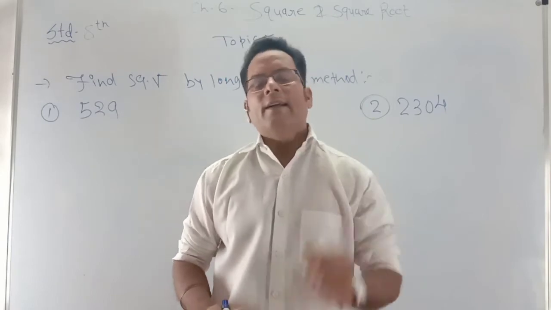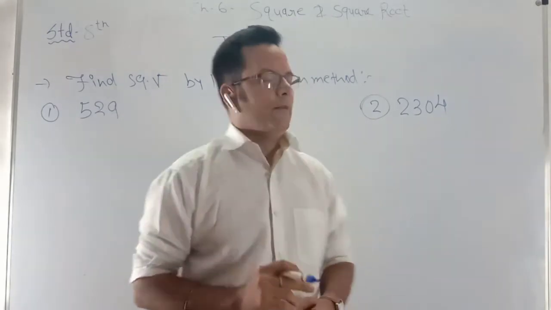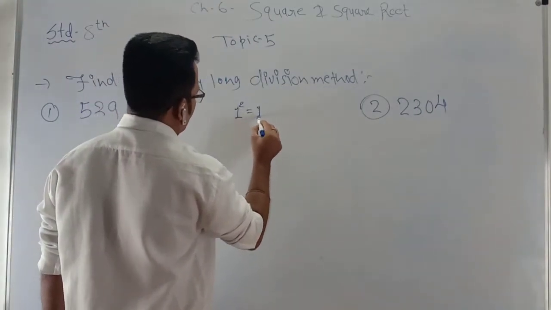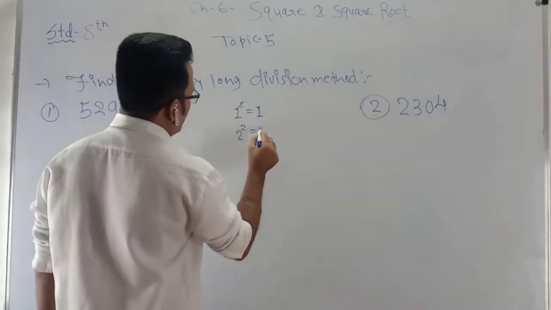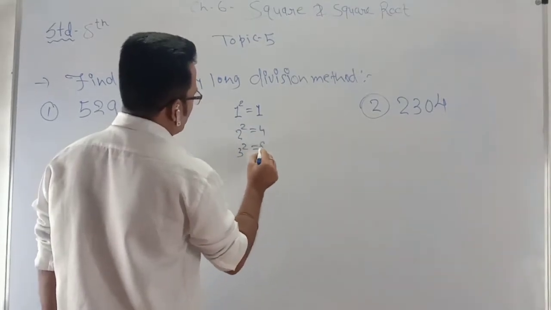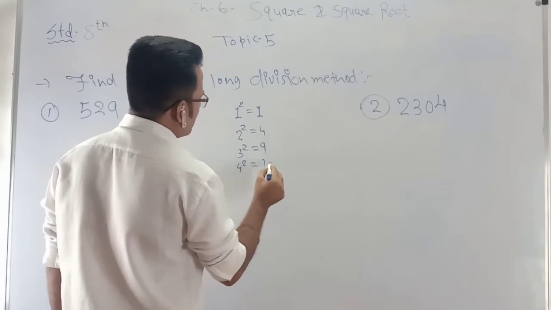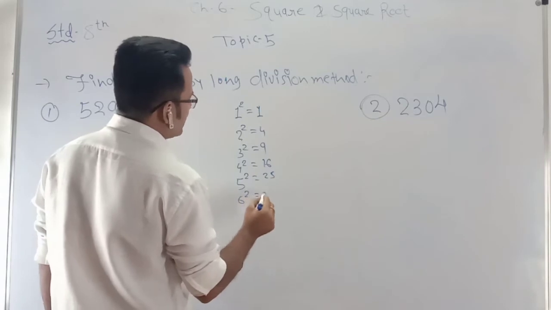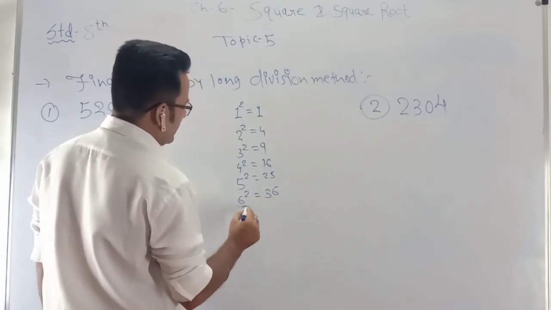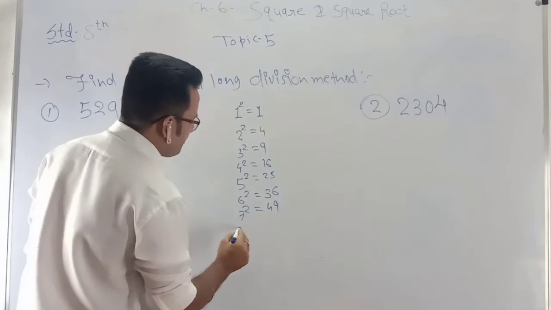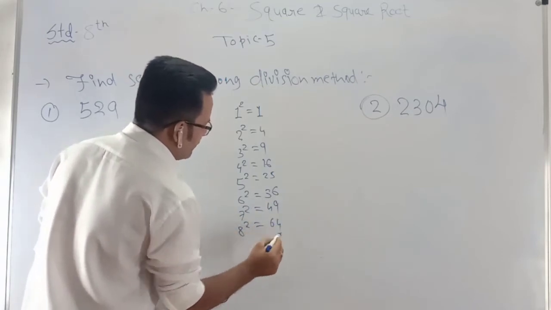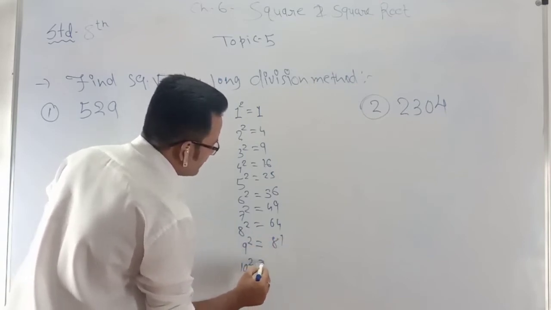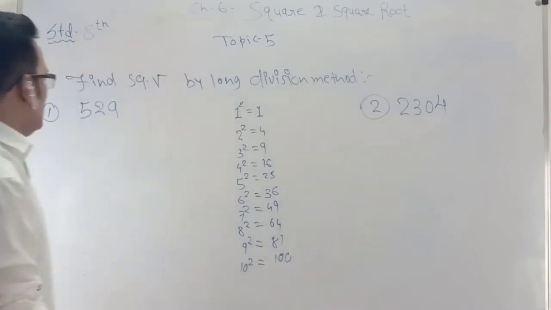So first of all, we write the squares of 1 to 10. 1 square 1, 2 square 4, 3 square 9, 4 square 16, 5 square 25, 6 square 36, 7 square 49, 8 square 64, 9 square 81, and 10 square 100.